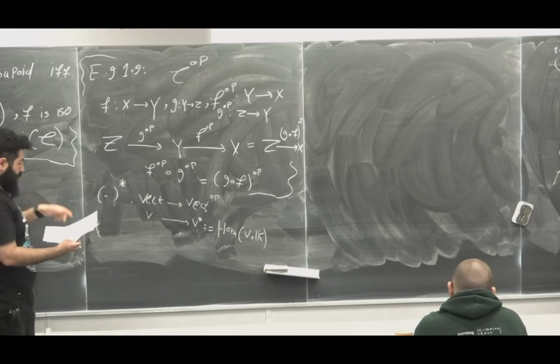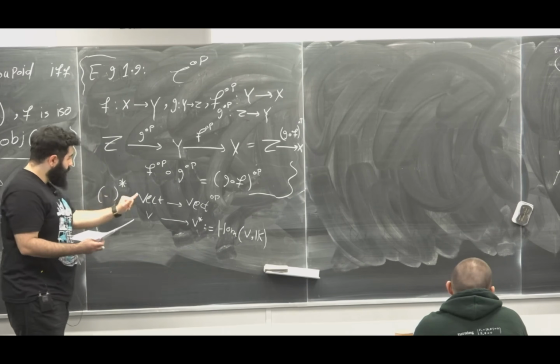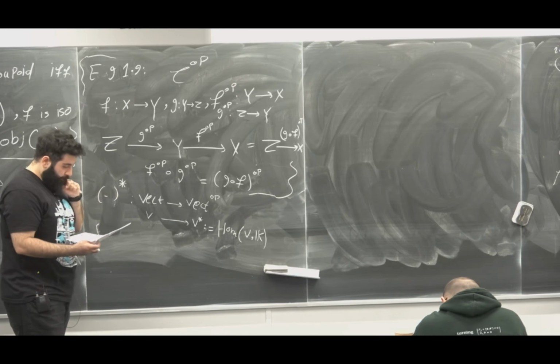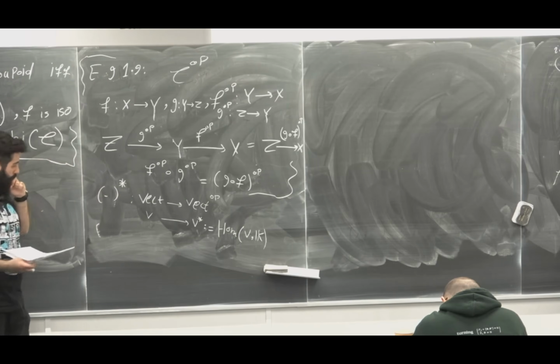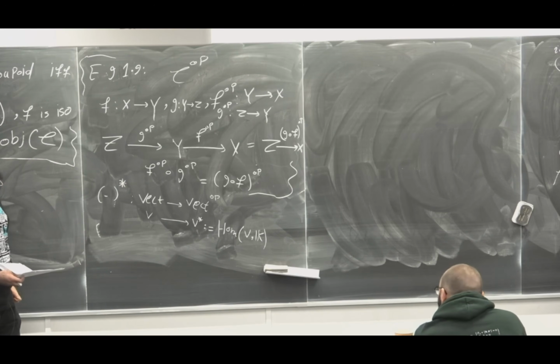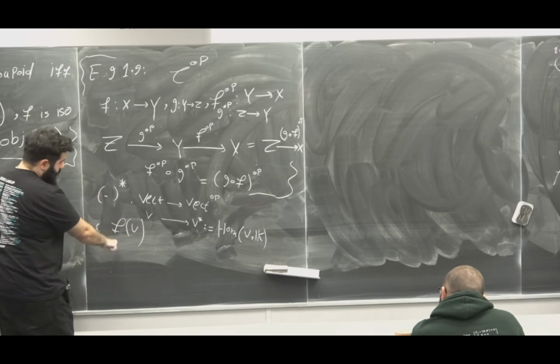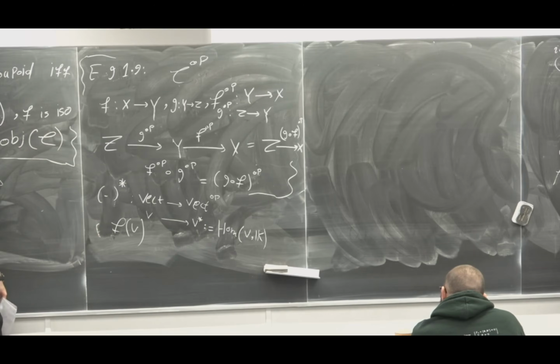But after we talk about natural isomorphisms, we'll see that V and V double dual are naturally isomorphic. And the natural isomorphism is given by you just act on V with an element of the dual. So let me just write it down. f of v. So what is this? This is an element of the dual, a linear functional that goes from V to K. What does the double dual do?